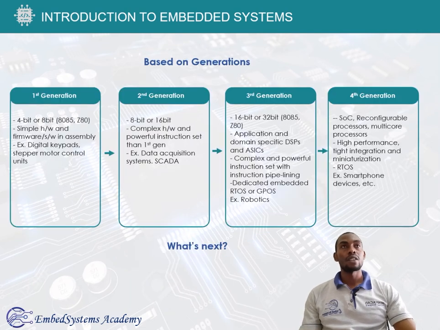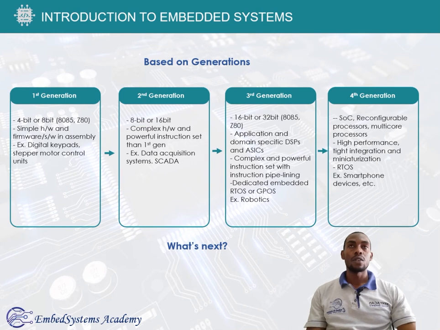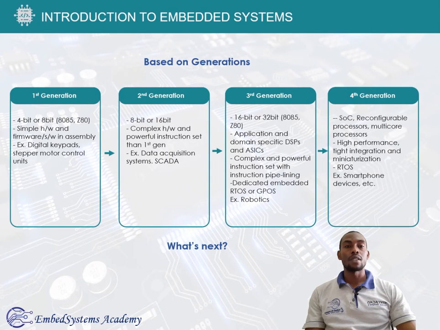Now, based on generation, there are 4 generations of embedded systems. We have the first, second, third, and fourth generations. The first generation is composed of 4-bit or 8-bit microcontrollers or microprocessors. An example is the 8085.